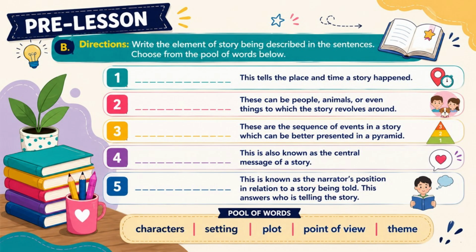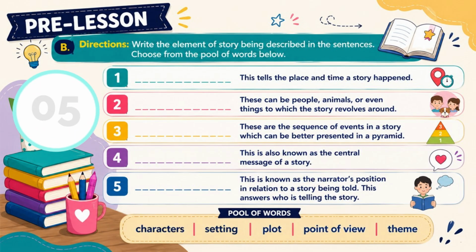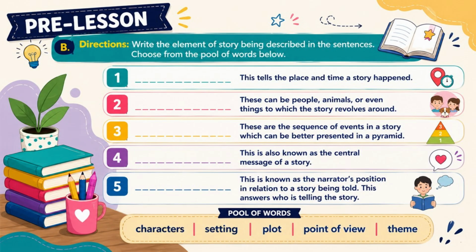Number 2. These can be people, animals, or even things to which the story revolves around. Number 3. These are the sequence of events in a story which can be better presented in a pyramid.